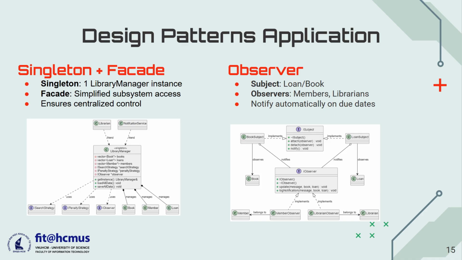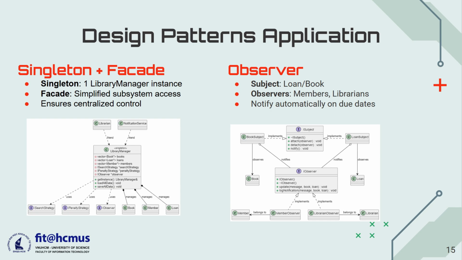Next, the observer pattern. The observer pattern defines a one-to-many dependency between objects. When one object changes its state, all of its dependents, or observers, are notified and updated automatically. This pattern is ideal for creating distributed event handling systems.